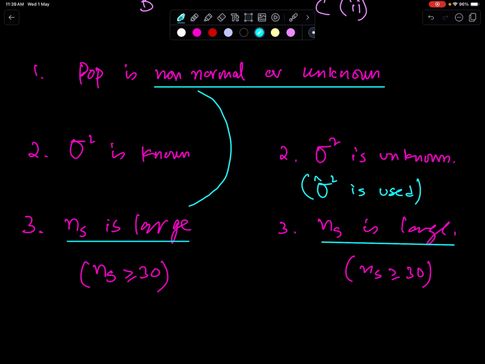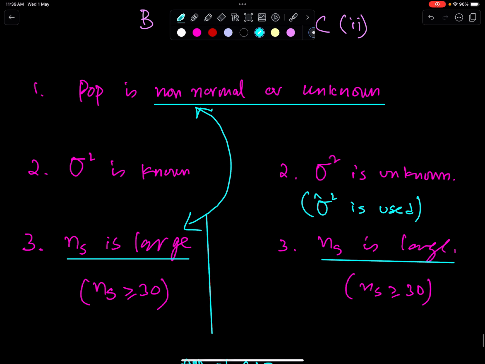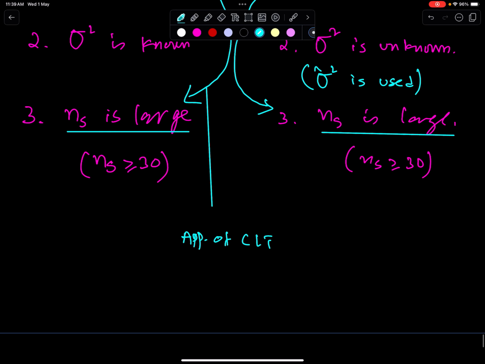This is the application of CLT, central limit theorem. Same is here. Population is non-normal or unknown, n is large. Again, the application of CLT.